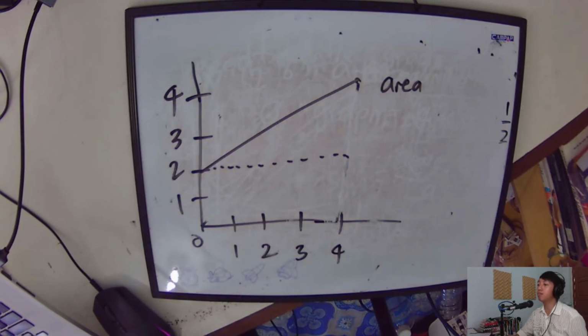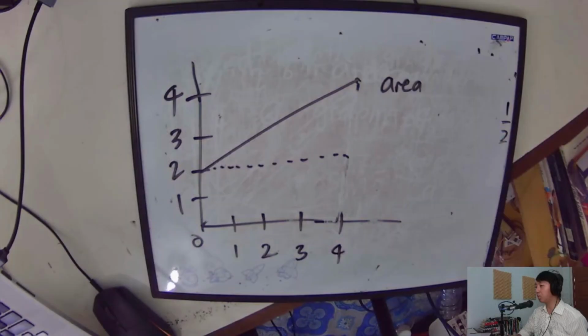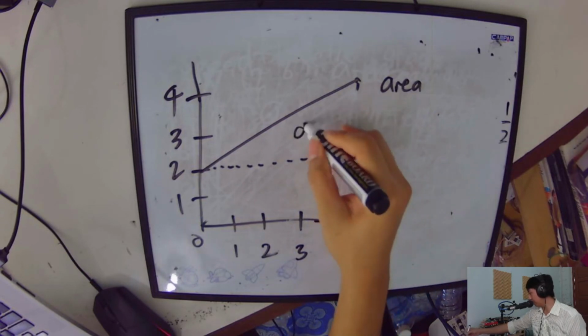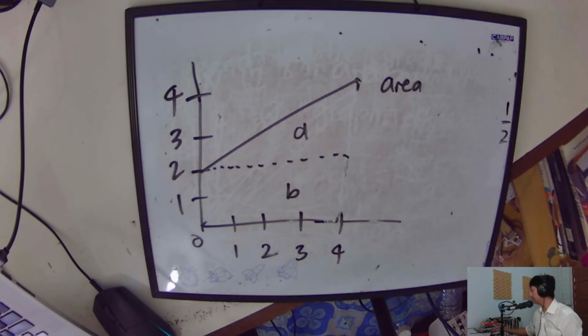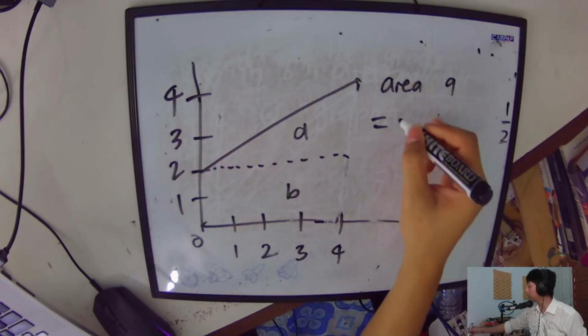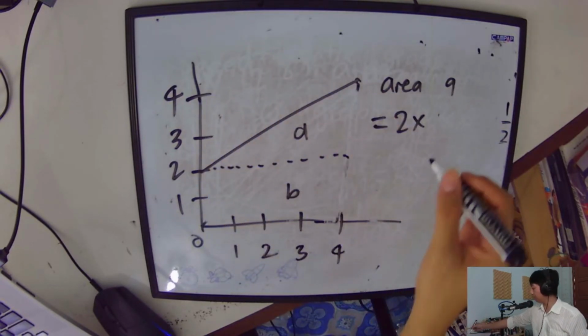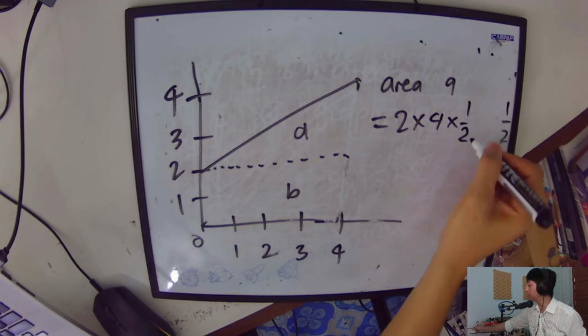So dalam contoh yang diberikan dalam buku teks, dia bagi contoh kamu kasih bahagi kepada rectangle and triangle. So if we did it like that, we can call this A and we call this B. So A, very simple. So this is 2 because 4 minus 2 equals 2. So 2 times, from here to here is 4. So 4 times 1 over 2.